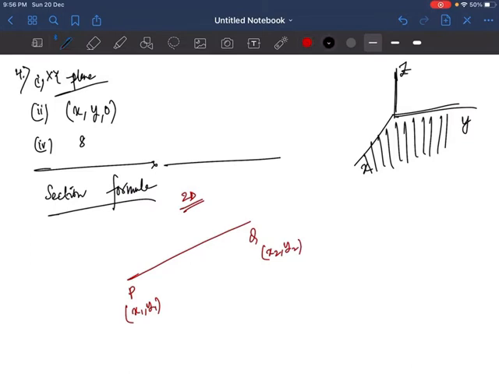Now suppose I take another point R which divides the line PQ in the ratio m is to n, and the coordinates of R are x, y. By using the section formula you can get the coordinates of x, y.